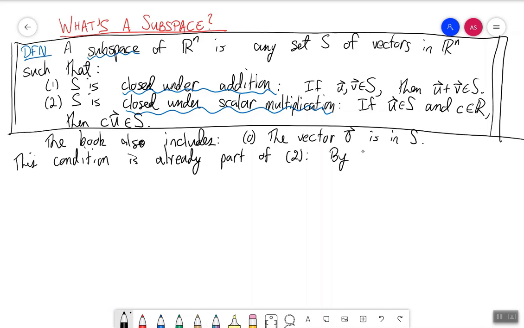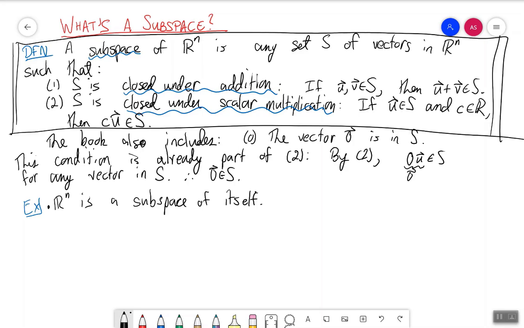So by condition 2, 0 times U is in S if U is any vector in S. Because this is equal to the 0 vector, we conclude that 0 must be in S. So although I don't include that as one of the axioms, in practice, whenever you are checking to see whether something is a subspace, the first thing you want to do is check to see, is the 0 vector in that subspace?